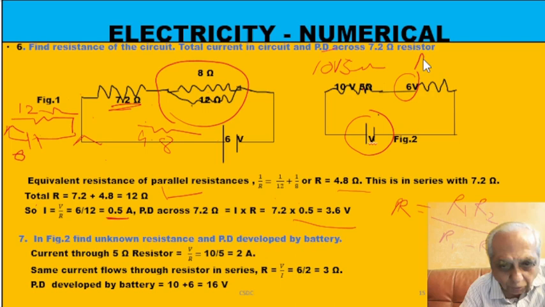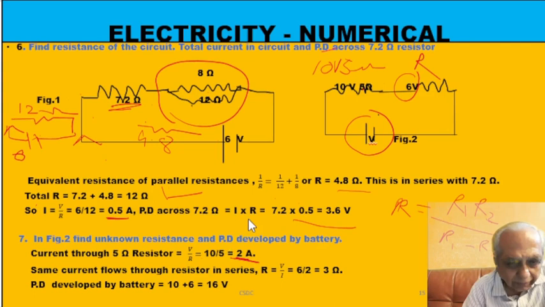So here you will see I know both the things. I know V as well as R. So if I know two things, I can find the third thing. So I can find the current. Current would be I is equal to V upon R. So I will get 2 ampere. So the current is 2 ampere through here.